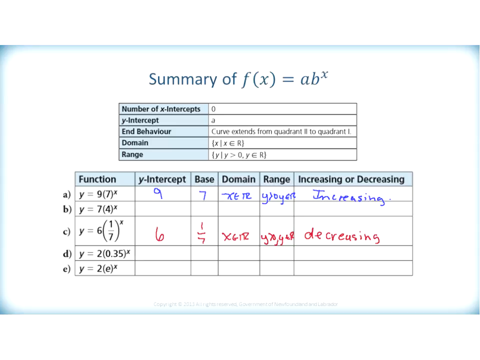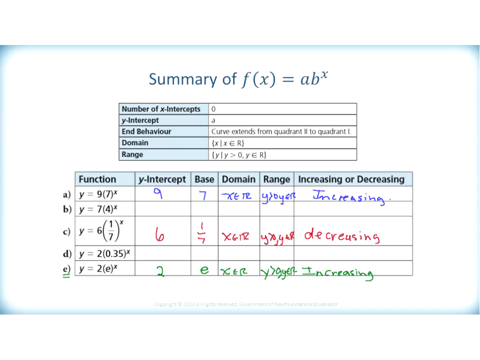I'll look then at the last example, E. We have a y-intercept of 2, and the base is the irrational number e. Here, this will be an increasing function, since e is greater than 1. The domain is x belongs to the set of real numbers, and the range is y is greater than 0.